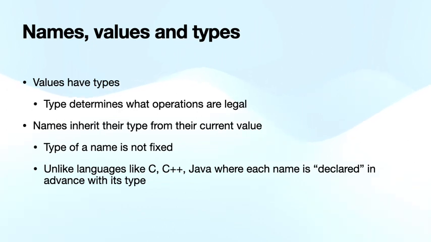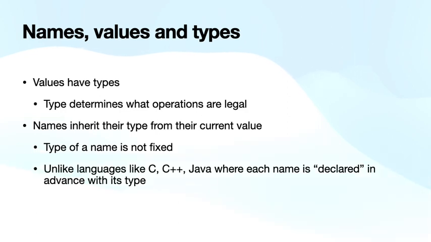Now we have seen three concepts: names, which we use to remember values, values, which are the actual quantities which we assign to names, and we said that there is a notion of a type. So type determines what operations are legal given the values that we have.